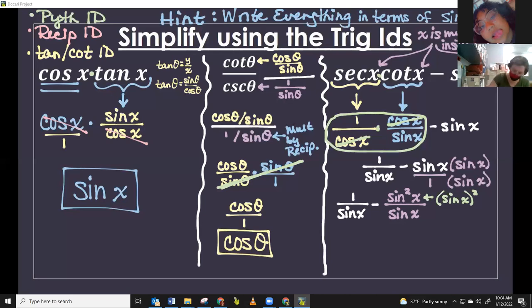All right, so now I have my common denominator here. So I would have 1 minus sine squared x over sine x. This reminds me of something. When I look at that, I'm thinking about my Pythagorean identities.